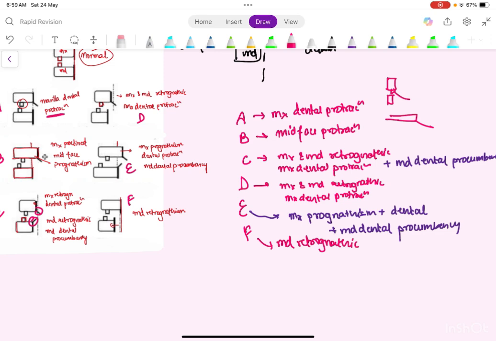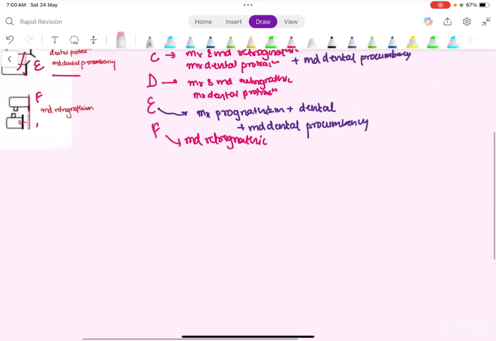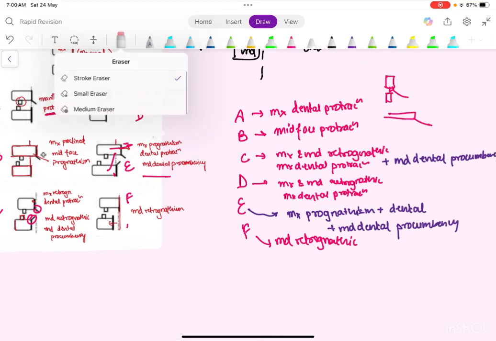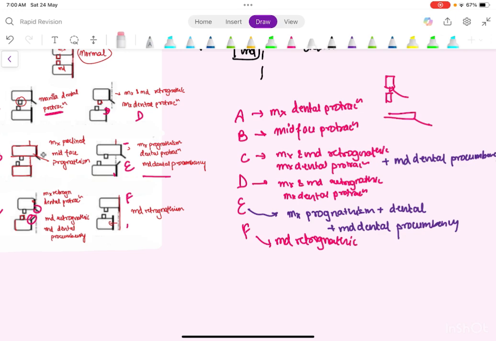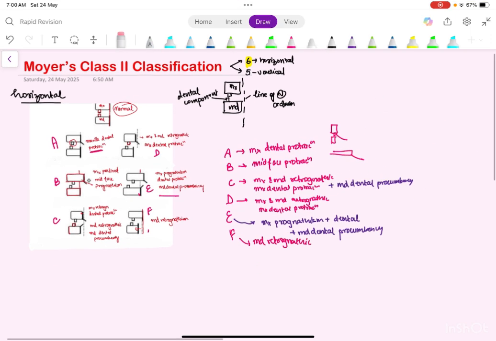If it is the same as C but with no arrow on the mandible, then it's D. If both have arrows and it is outside, it is basically type E. And if it is behind and there are not two arrows, then it's mandibular retrognathism, but the maxilla is normal, that you have to know. So this is basically all you need to know about Moyers' classification.